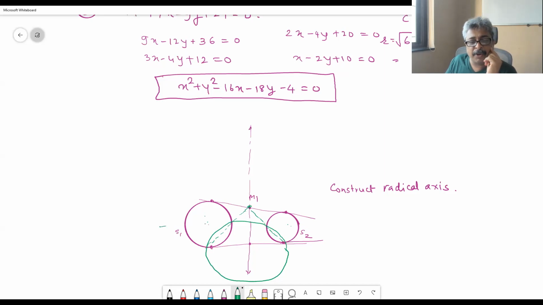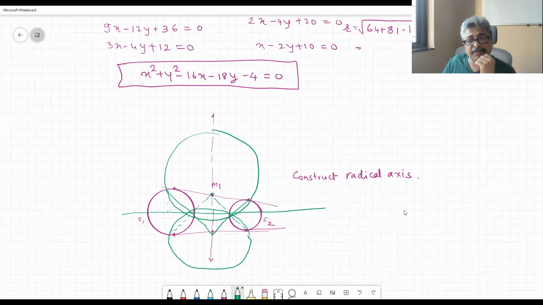Either you draw a perpendicular line from that point to the line joining the centers, that is your radical axis, or if you don't want to do that, you can draw one more circle intersecting these two circles, like this, and then their common chords will intersect again on the radical axis. That is method number 2.